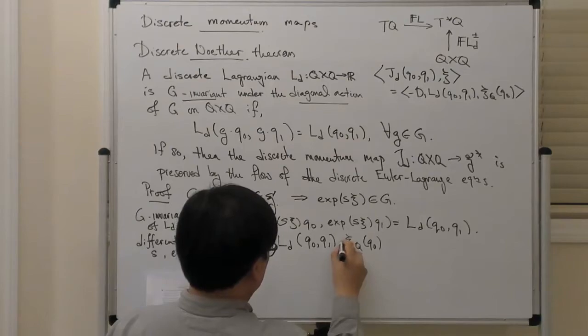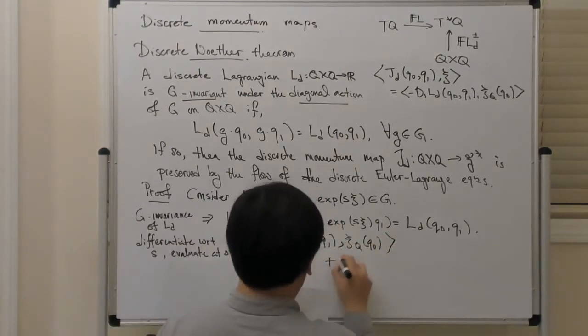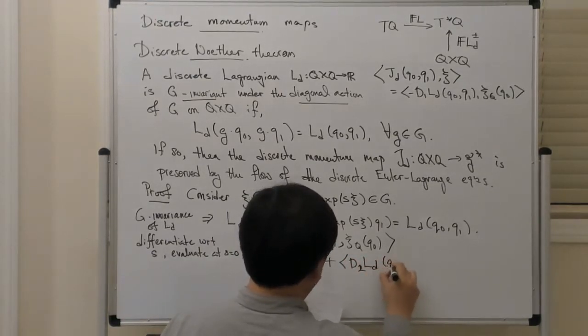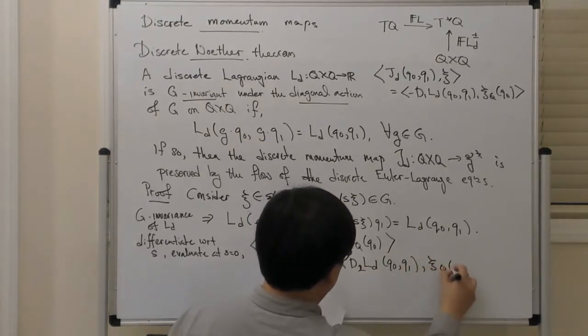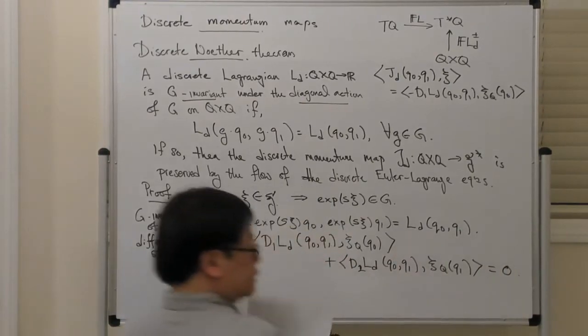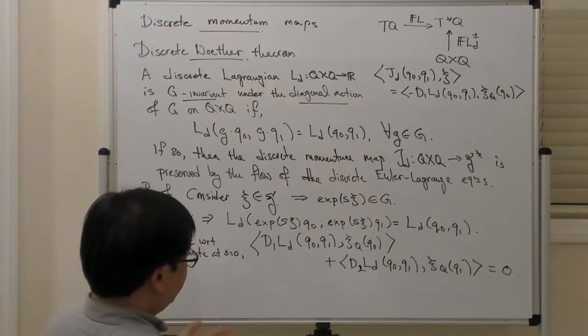So this is really this pairing d1 LD(q0, q1) paired with ξ_Q(q0), plus d2 LD(q0, q1) paired with ξ_Q at q1. And this thing is equal to 0 because the right-hand side is constant with respect to s. But we're on a solution of the Euler-Lagrange equation.